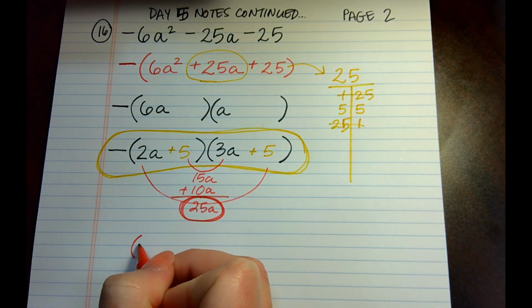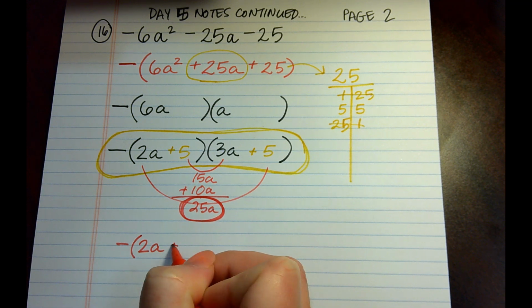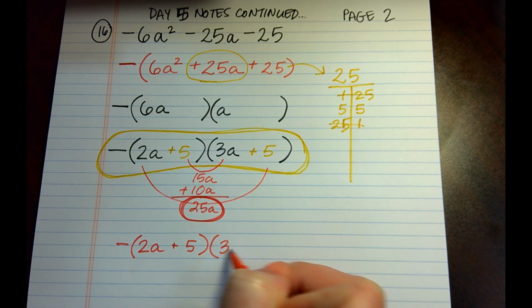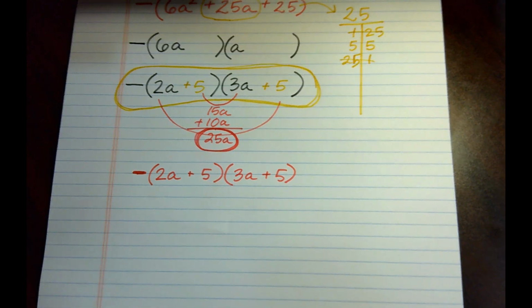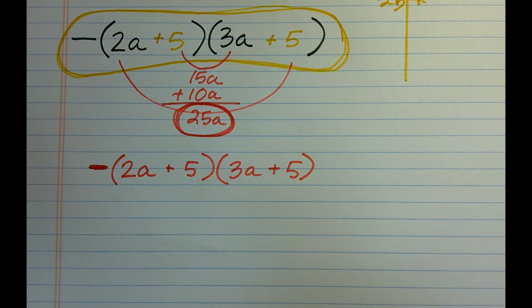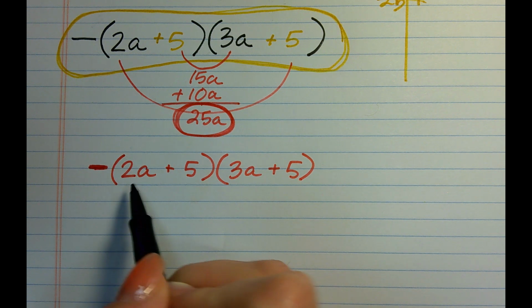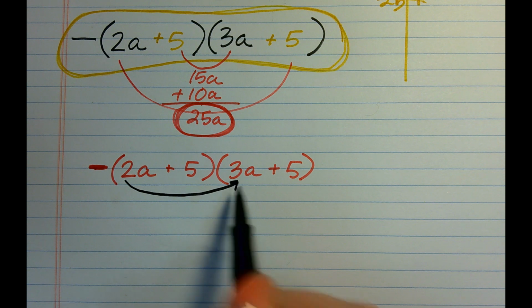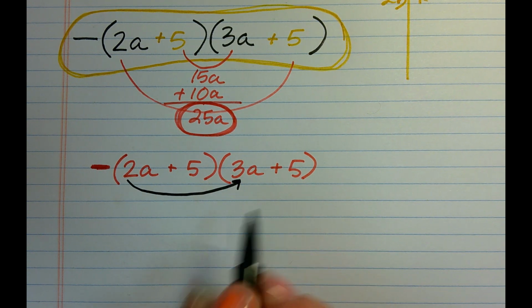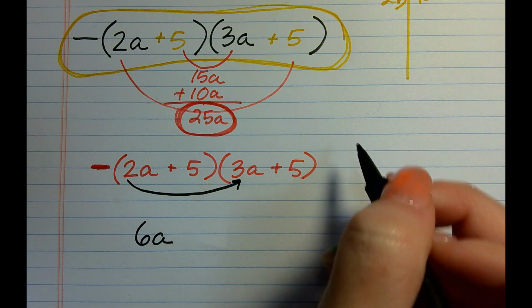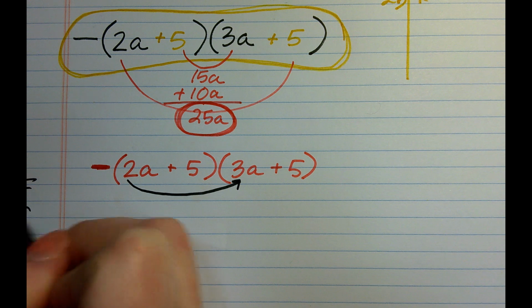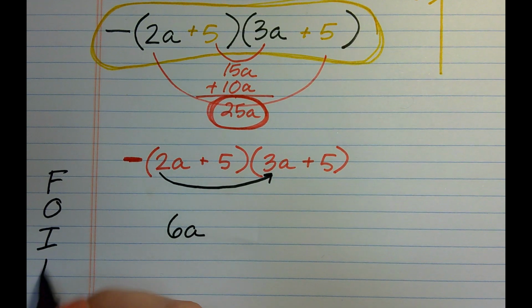So let's write 2A plus 5 and 3A plus 5. Which method do we want to try? FOIL or box? Let's do FOIL. Using the FOIL method, what would I do first? My first terms, that's 2A times 3A. What's 2A times 3A? 6A squared.